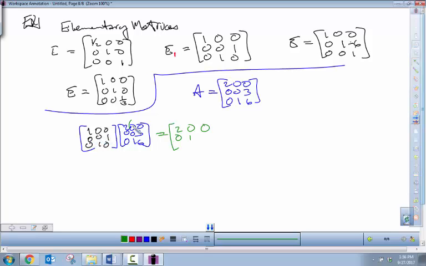And then 0, 1, 0 times the columns gives 0, 3, 6. So the 3 pops up here.